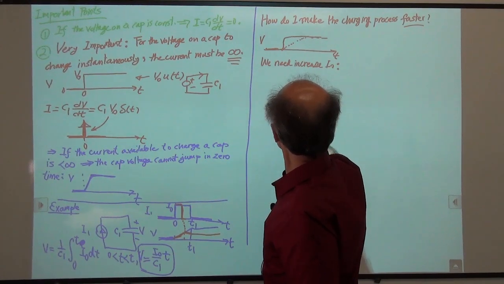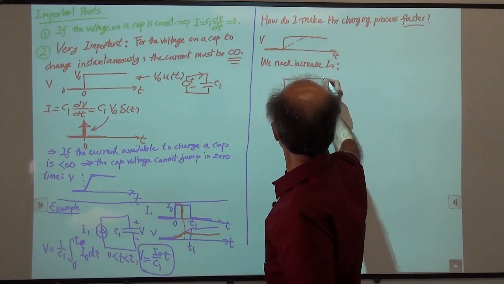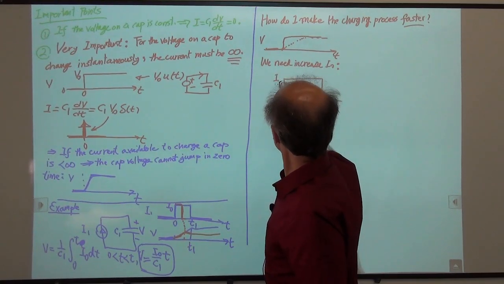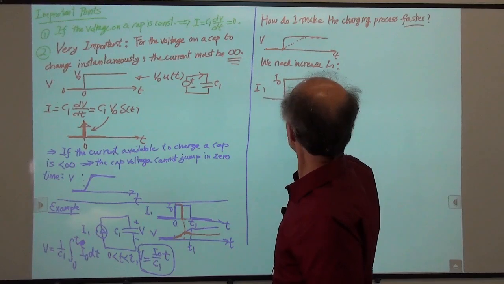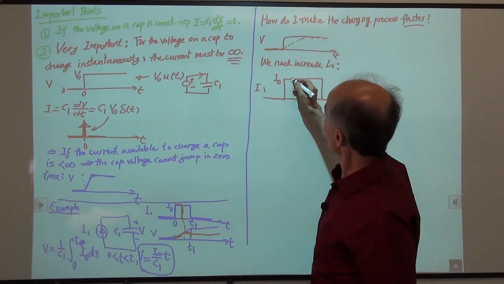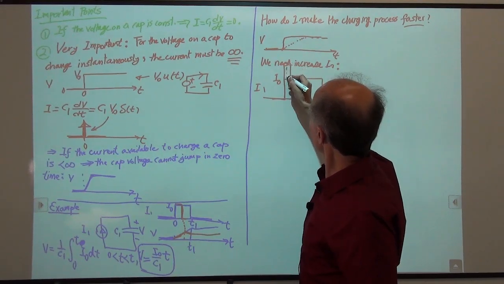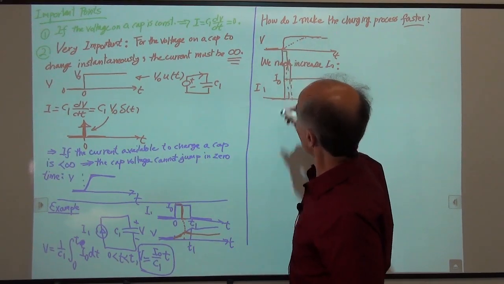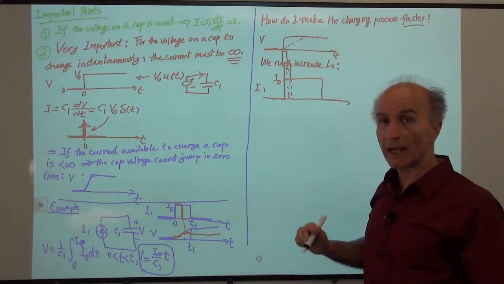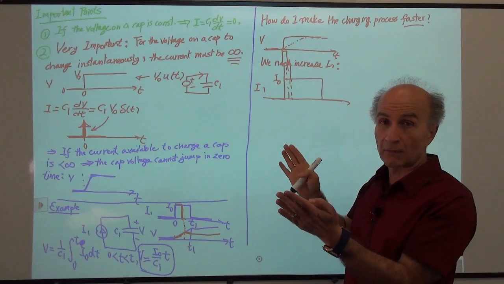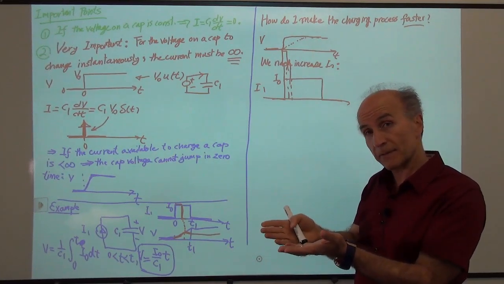So I0 previously was like this. The current was like this, right? What I have to do is shorten the time, but increase the current. I shorten the time more, and I increase the current more. So as I shorten the time and increase the height of the current, eventually it approaches an impulse.